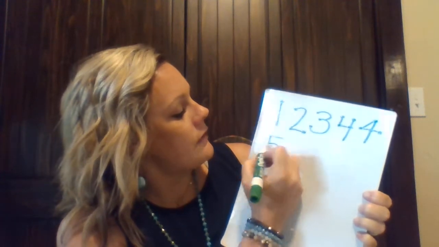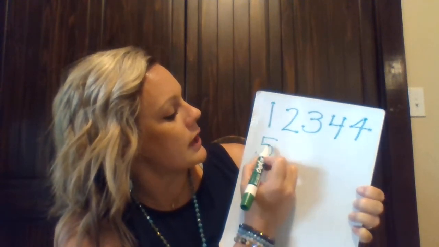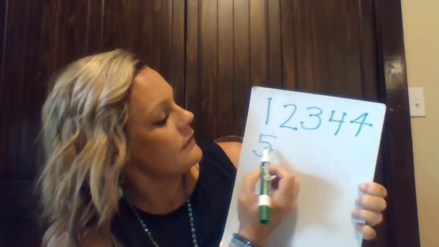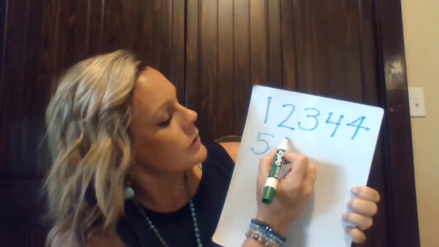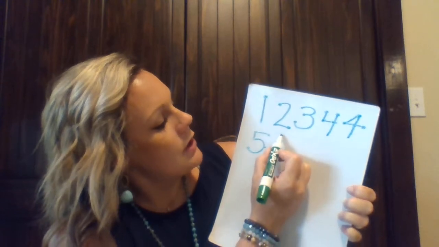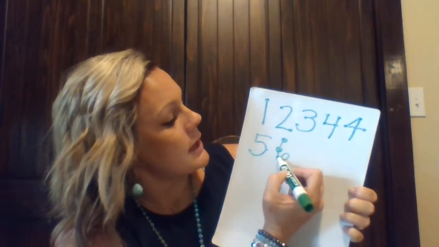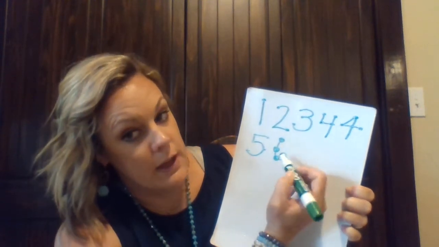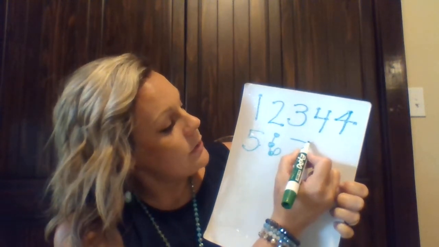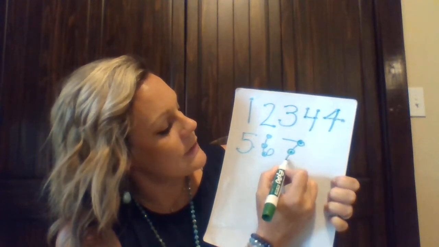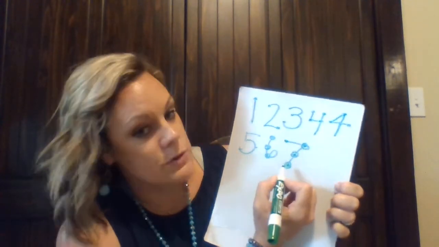Then the 5, we have 1, 2, 3, 4, 5. 6 is 1, 2, 3, 4, 5, 6. For 7, we go 3 down the back: 1, 2, 3, 4, 5, 6, and punch them in the nose for 7.